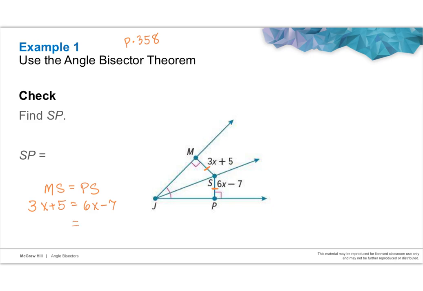So adding some like terms, moving some terms around, we get 12 is equal to 3x, or x equals 4 when we divide. So the value of SP is going to be 6 times 4 minus 7 with our values substituted, which comes out to be 17.